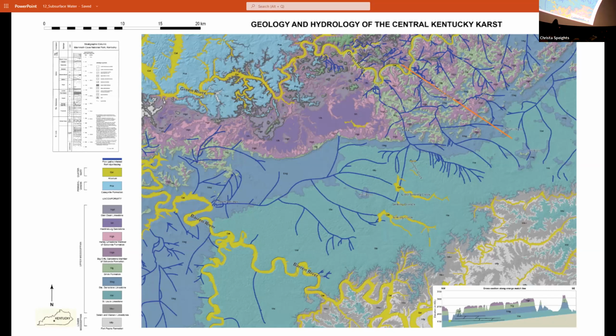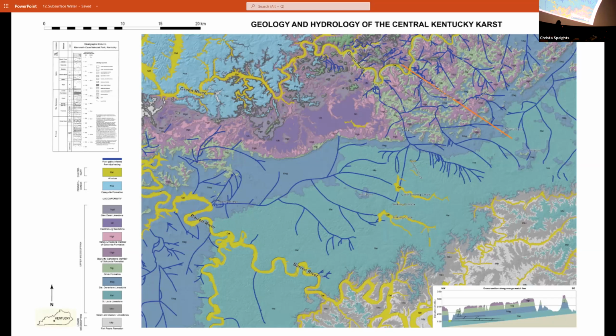So there are a lot of places where water goes into the ground, these sinkholes out here. Most of the large cave passages, however, are located up here. And why is that? They're underneath these ridges.